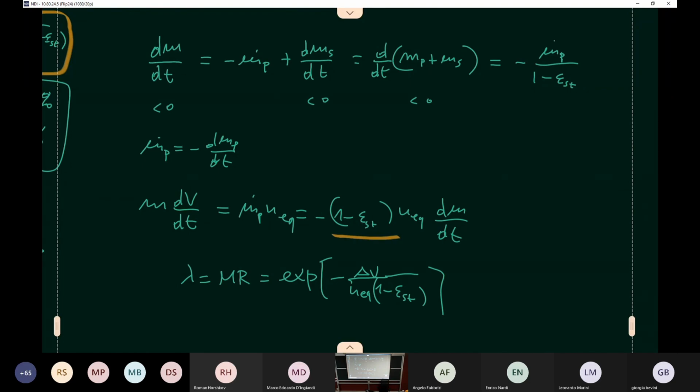What happens is that if we move towards more and more stages, if we increase n, the amount of propellant of each stage decreases.